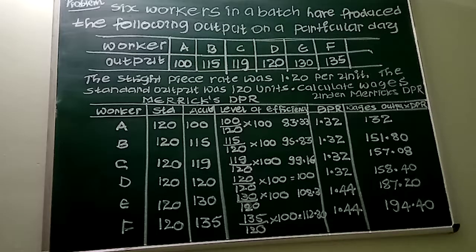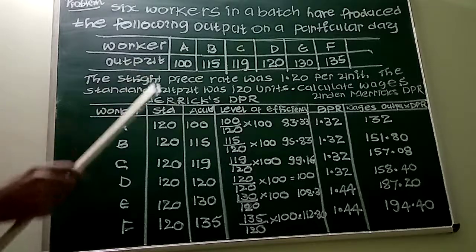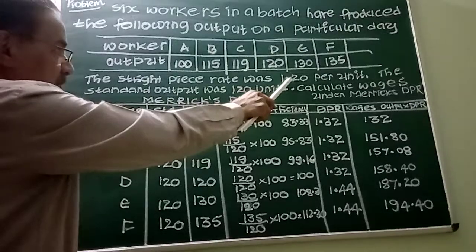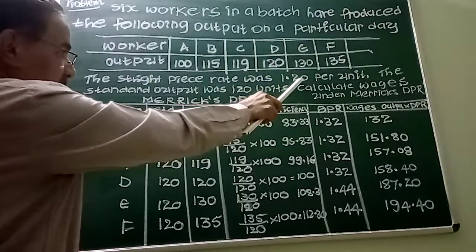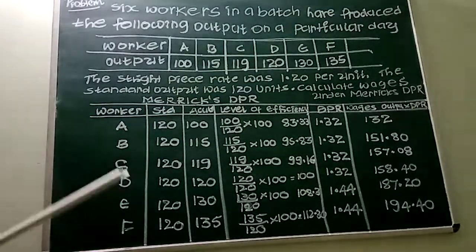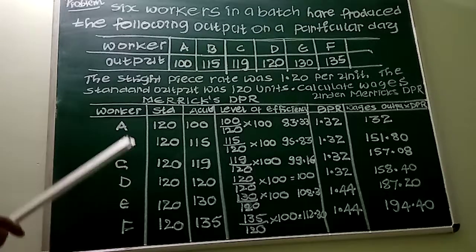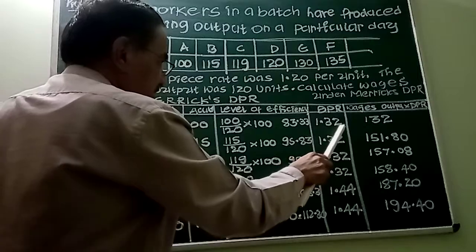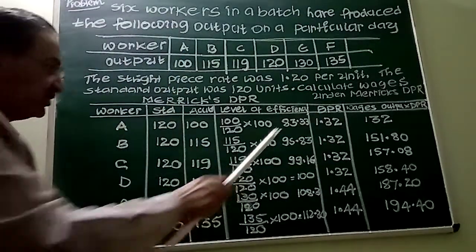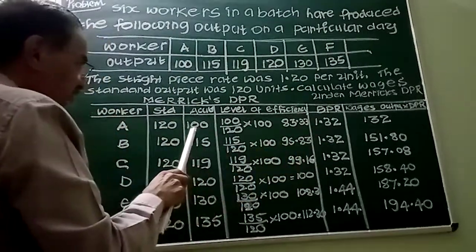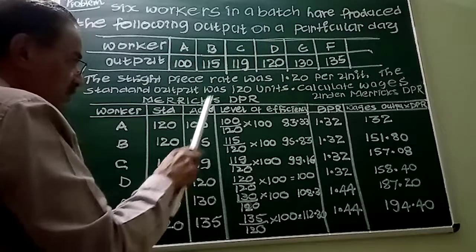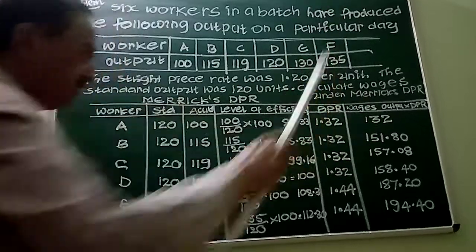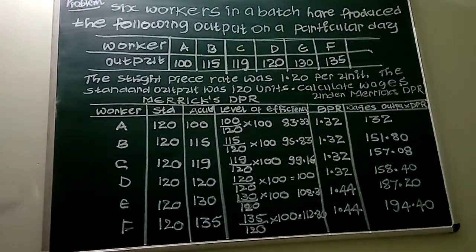So he will get 110% of 1 rupee 20 paisa, which is 1 rupee 32 paisa. This has to be multiplied with actual output: 100 into 1 rupee 32 paisa is equal to 132 rupees he gets. That is a very important point.